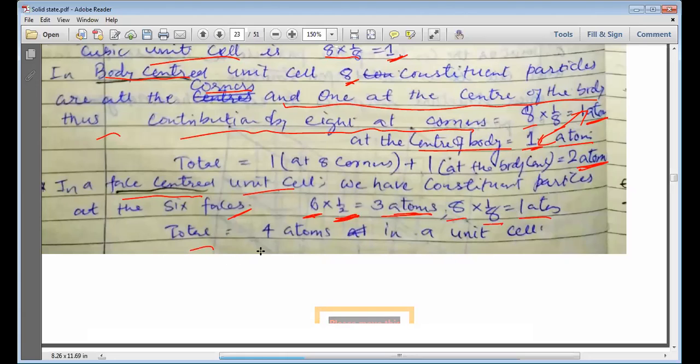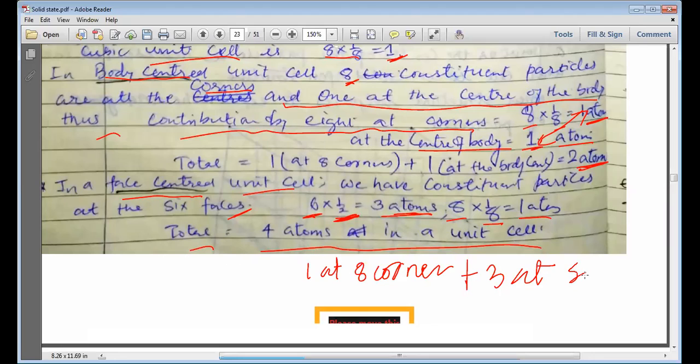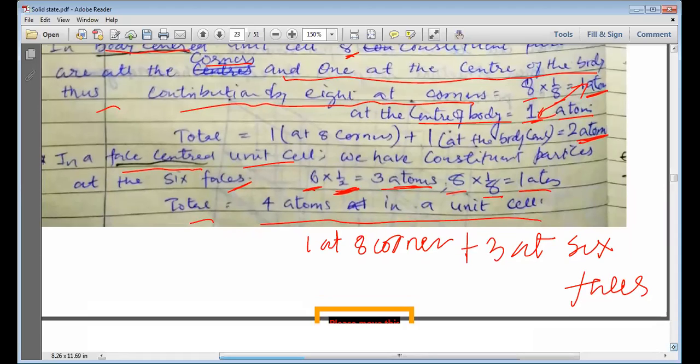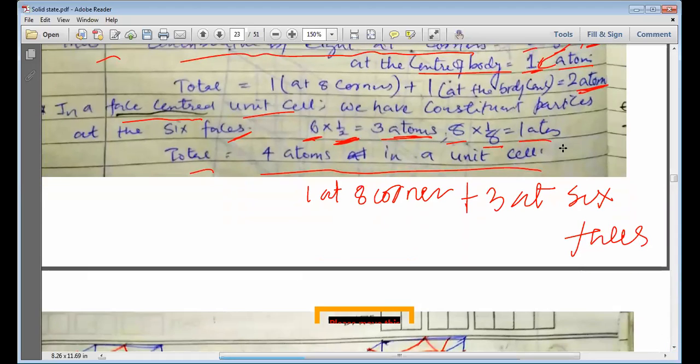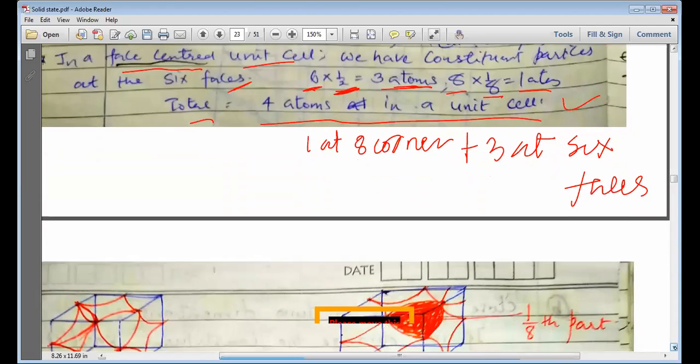So total 4 atoms in the unit cell, which are 1 from the 8 corners plus 3 from the 6 faces. So, my dear students, in the face-centered unit cell, in total we have 4 atoms present per unit cell.